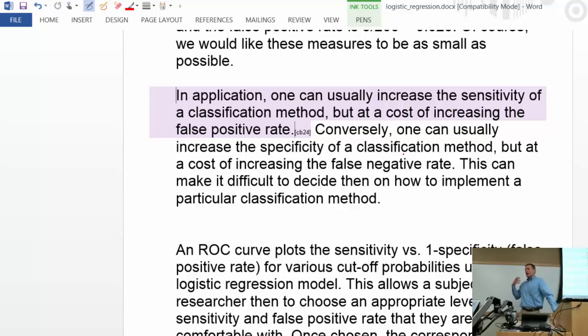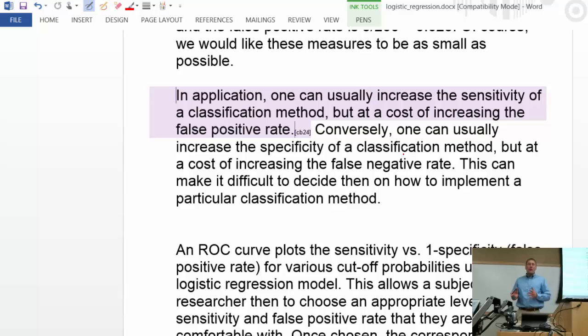Maybe you want to increase the sensitivity of your classification method, and the way that you can do that is to change that cutoff probability. Maybe move it from 0.5 to 0.3. You'll see why as we go along. But what ends up happening then is, unfortunately, it will decrease your specificity.